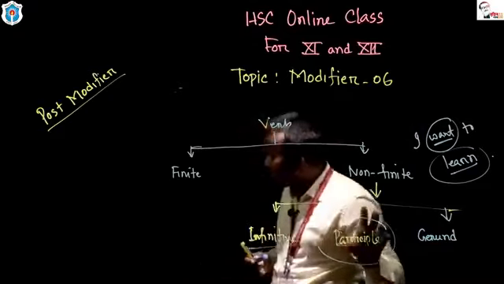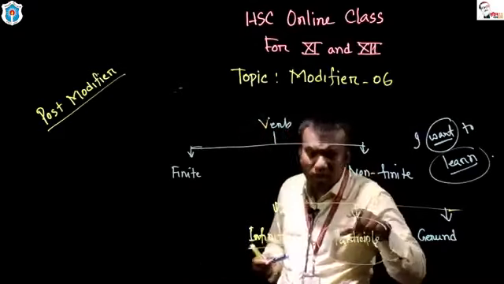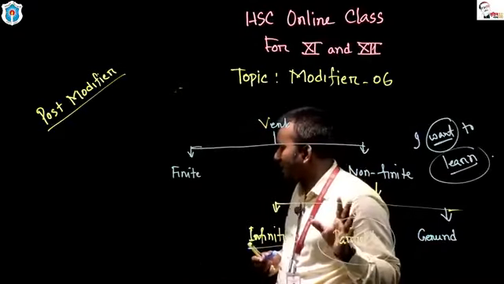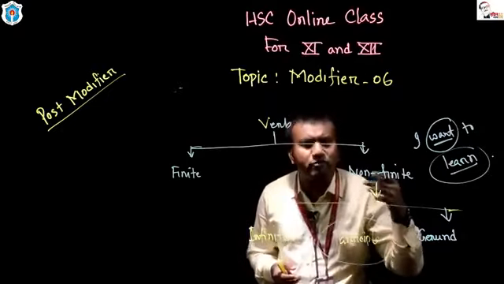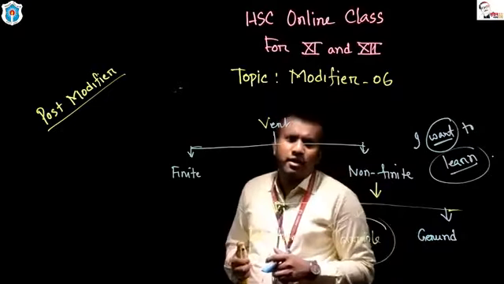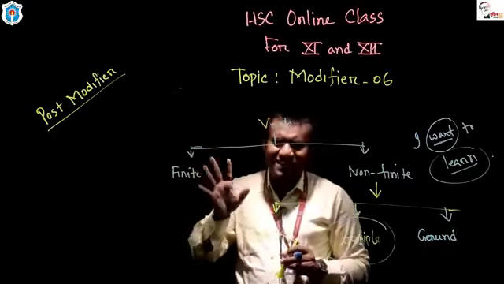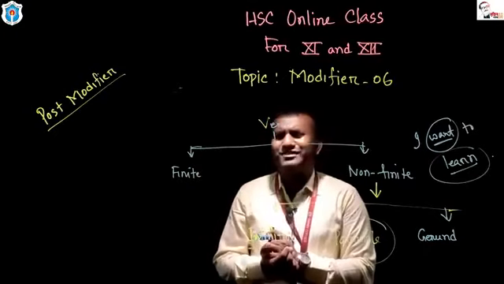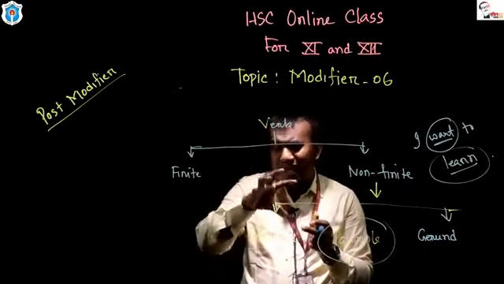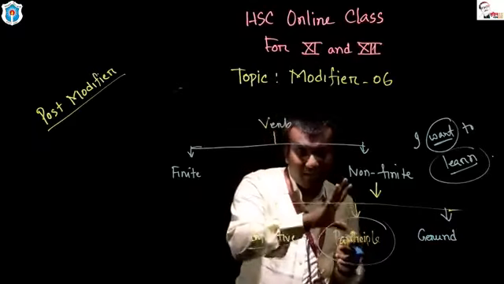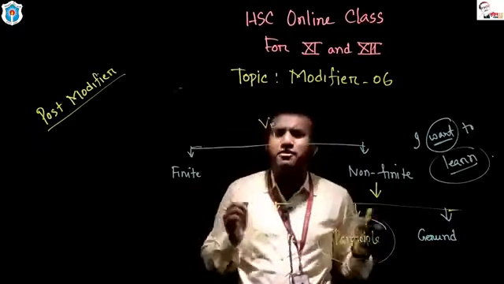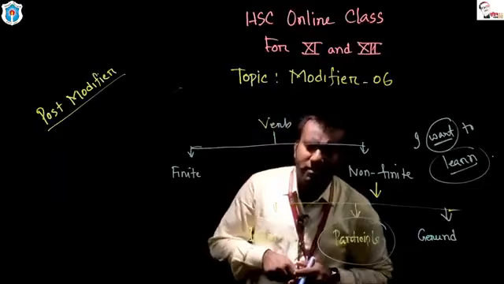Participle is one kind of form of verb, but all the forms of verb are not called participles.